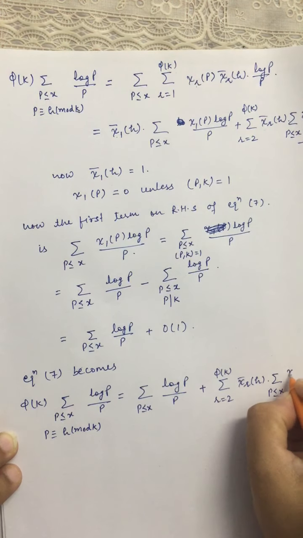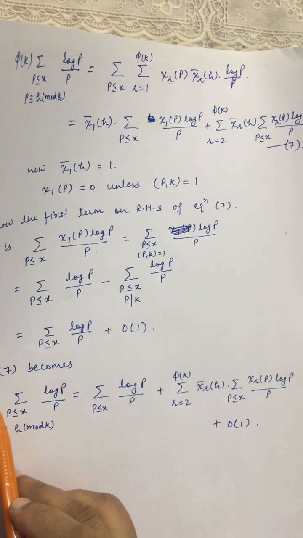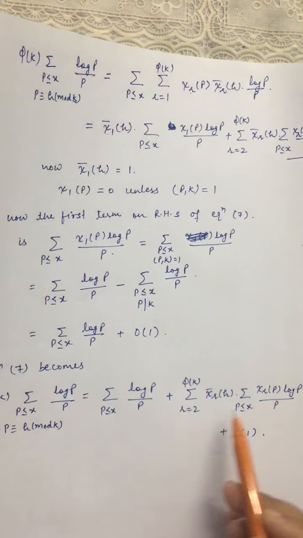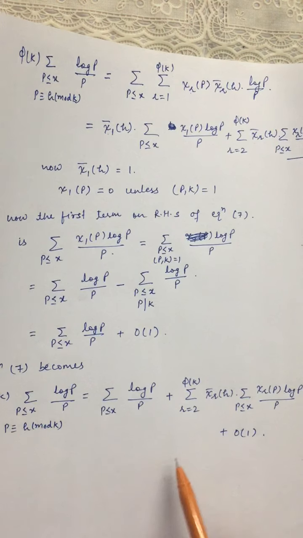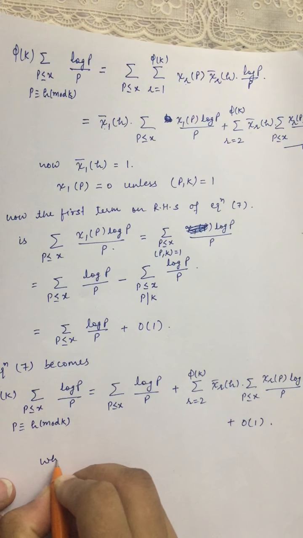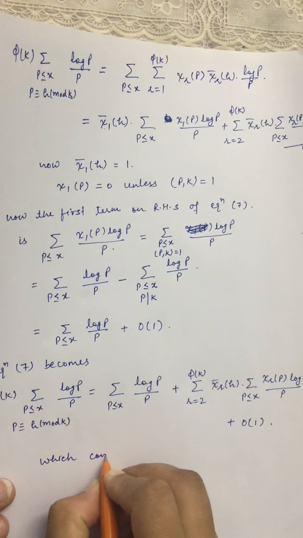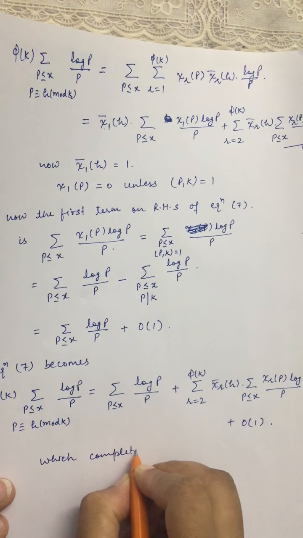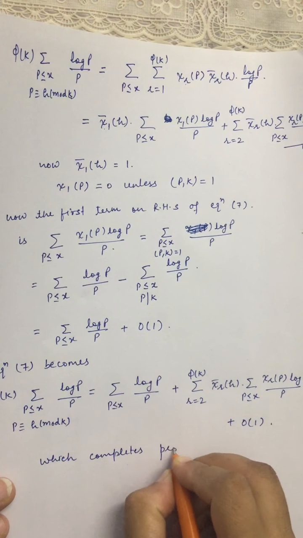And this proves lemma 1. Because on the left hand side we have phi k, and when we divide the whole equation by phi k we get lemma 1, which completes the proof of lemma 1.